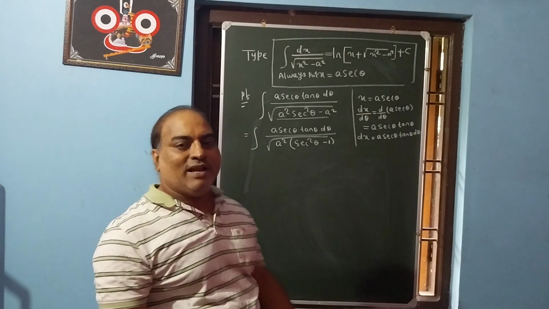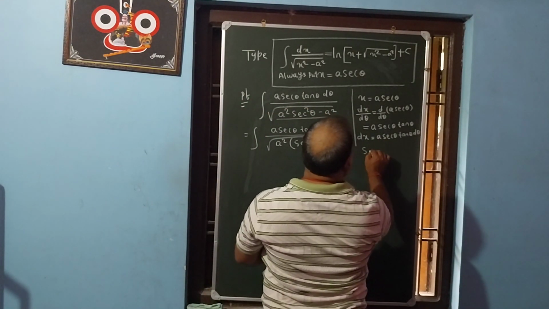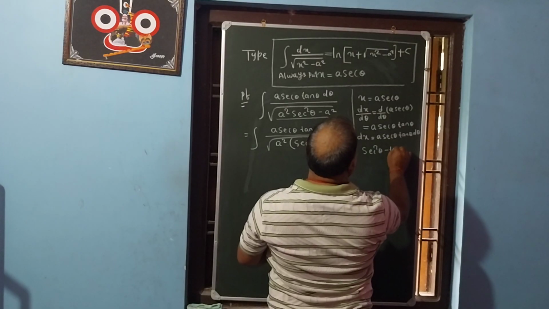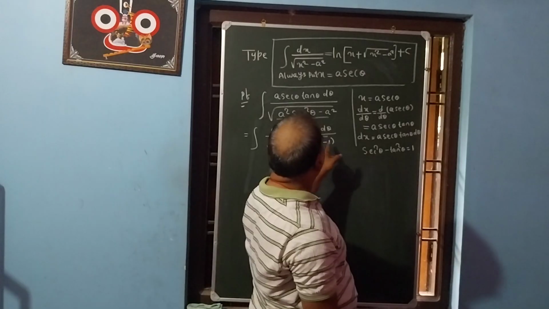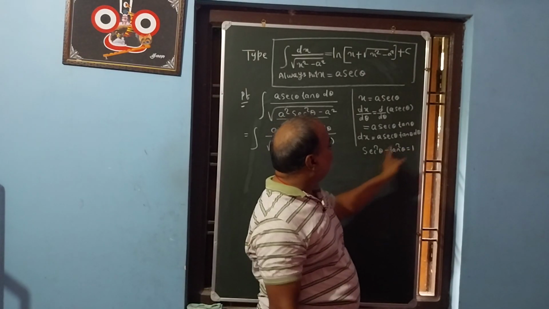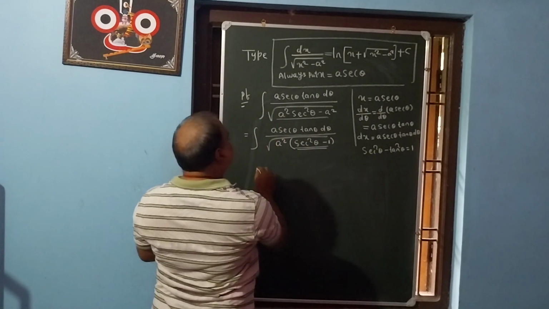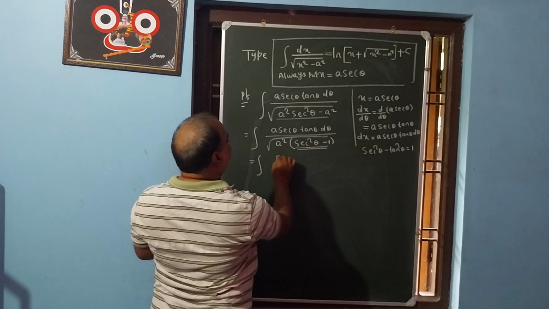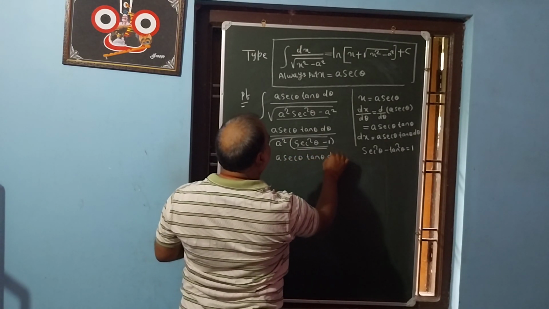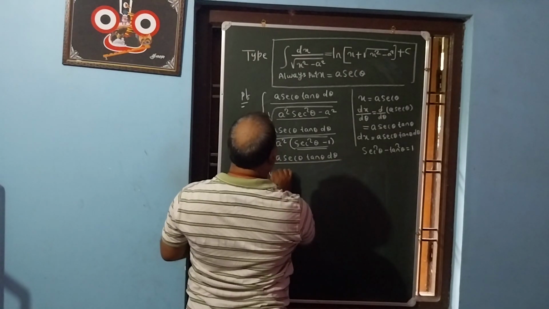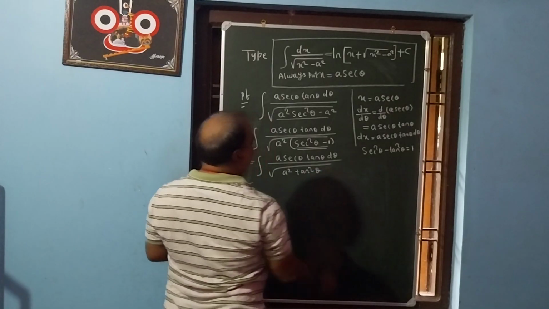We know that sec square theta minus tan square theta is equal to 1. So what is the value of sec square theta minus 1? Sec square theta minus 1 is equal to tan square theta. So in place of this, we put tan square theta: integration of a sec theta tan theta d theta divided by root over of a square into tan square theta.